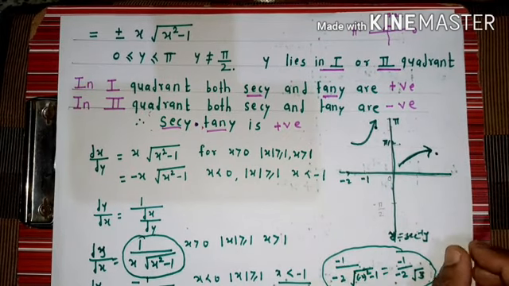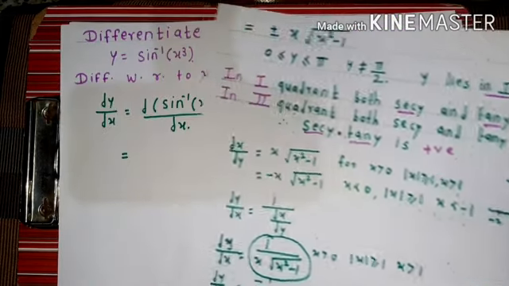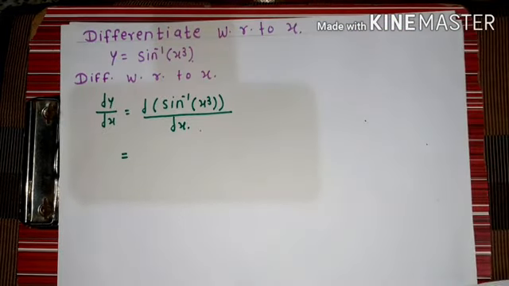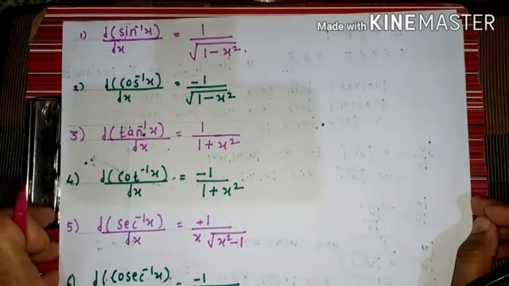Hence this is the proof for the sec inverse of x function. In this way we have completed the differentiation of inverse trigonometric functions.